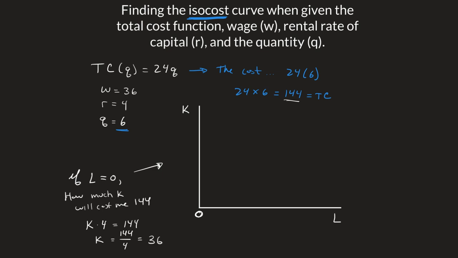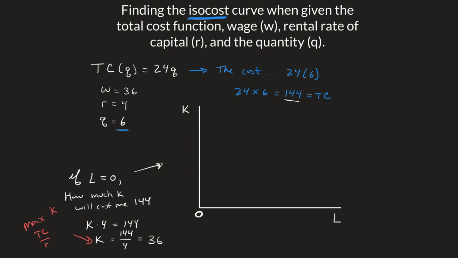36. And this is something to talk about here, is that the maximum K is always going to be your total cost divided by R. And this should make sense because I'm just saying, oh, this is what each K costs. And if I'm trying to find my isocost curve, this cost divided by R is going to be whatever this number is up here.